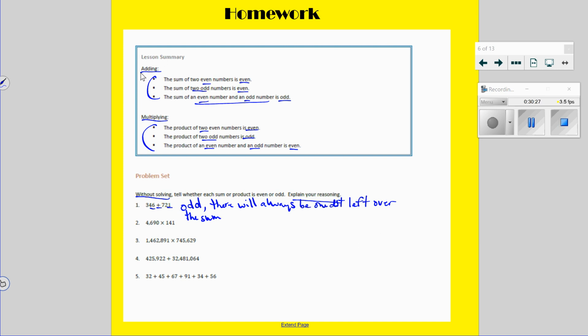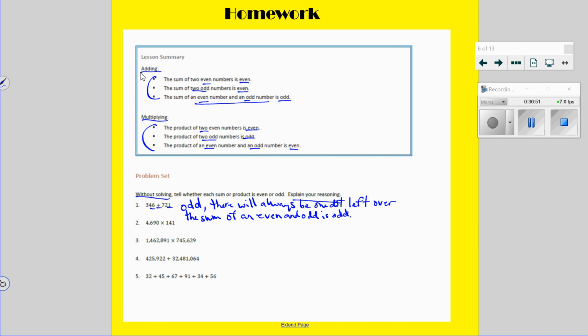I would take either one of these. You don't have to write both of them. The first one explains why, because there's always one dot left over. The second one just gives the rule. I will take either one of those as your explanation.